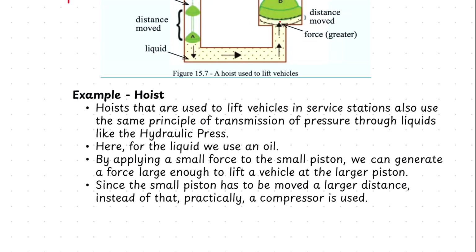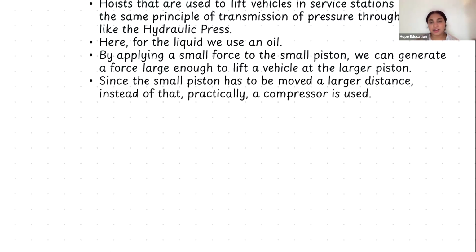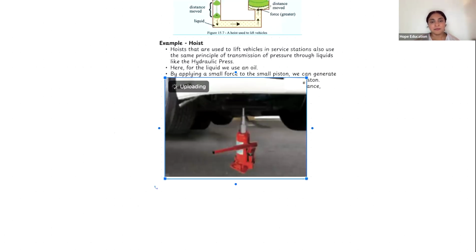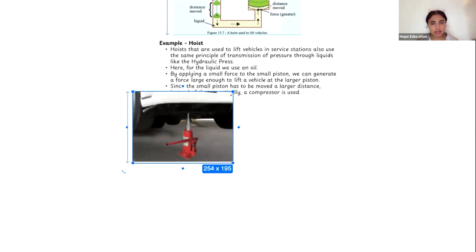Okay, so that is one of the examples, right? The second example is the dakalati. Have you all seen this? Again, I'm taking the image from the textbook. That image looks quite fake.